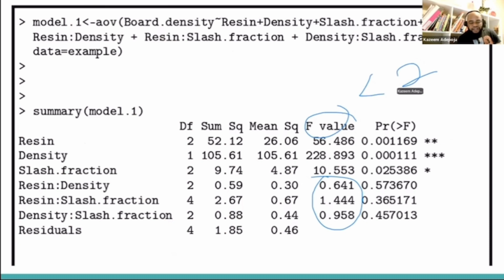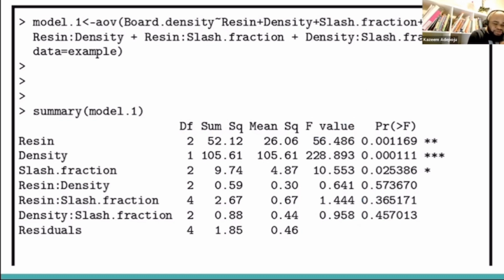So which means we're following the model building strategy. That's telling us to remove not just insignificant terms, but also those terms whose F value is less than 2.